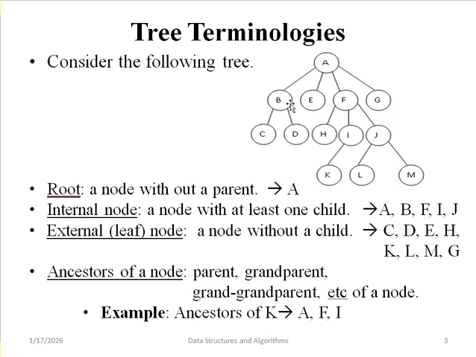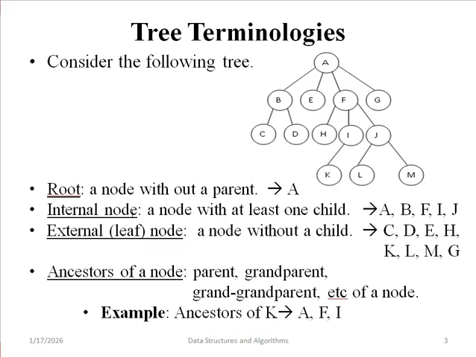Other nodes like B, E, F, and G are connected to A, so those are the children of A. This is the first node of the tree, the root node, and the root is without a parent. The root node is always the one without a parent.